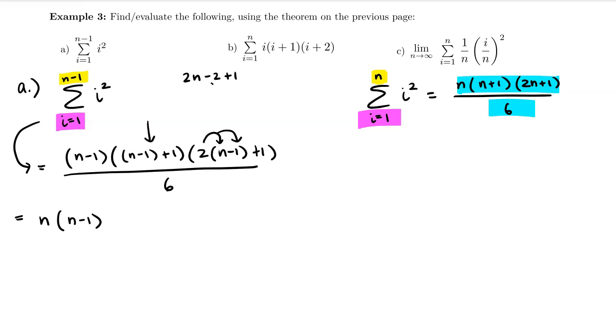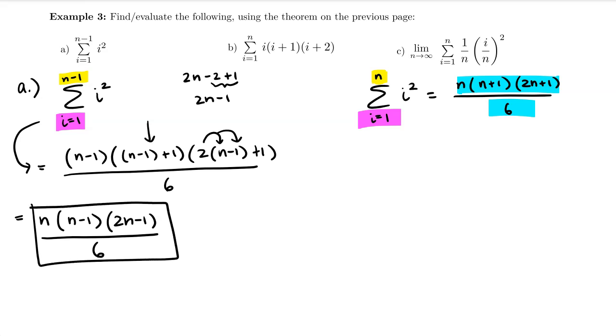And if I simplify those, that would be 2n minus 1. And our denominator is the constant 6. That's not going to change, so I'm just going to leave that as is. So there is our final answer for part A.